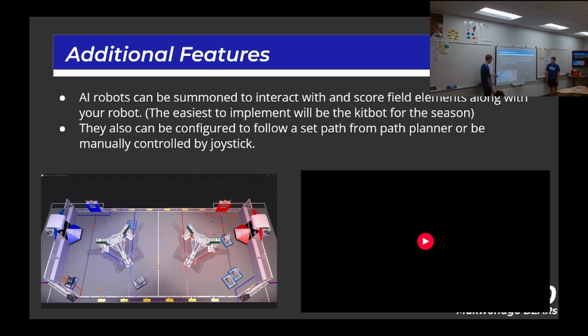This is Crescendo, obviously, an old game, but they're intaking and scoring like they would in an actual match. There is a framework for Reefscape currently, but we just did not implement that in time. So this is just what they have for viewing.